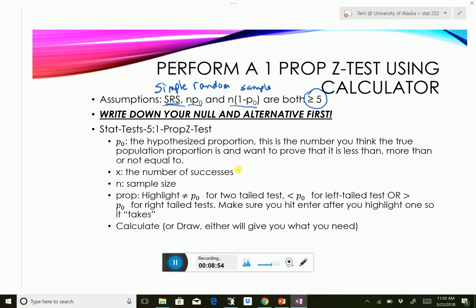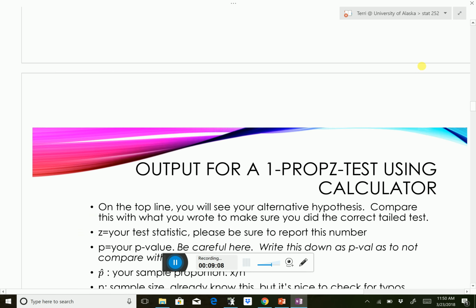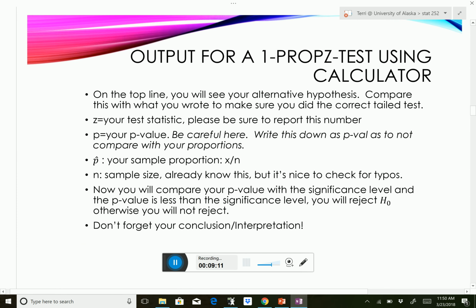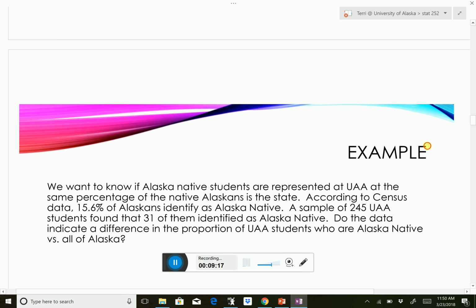You put in your number of successes, you put in your sample size, and you highlight the appropriate type of test. Then you calculate. All right, so let's do an example of this on the next page.